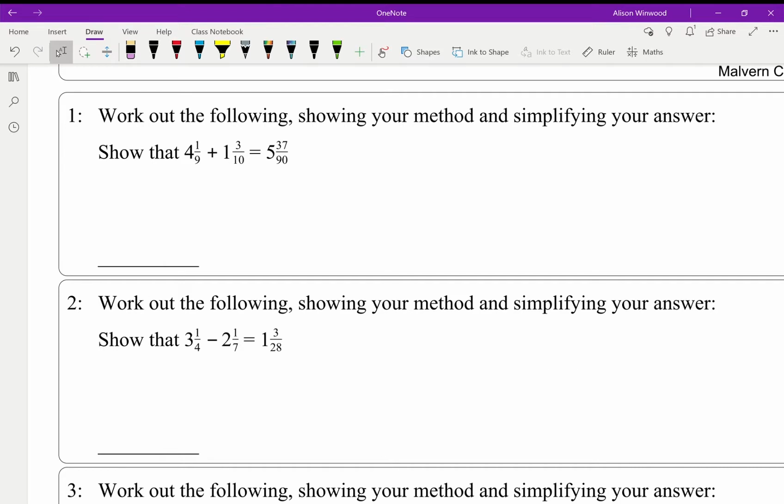So any fractions questions start by converting them into top heavy. So 4 1/9 is 37 over 9. 1 3/10 is 13 over 10. And then by the rules of adding fractions, cross multiply to get the numerators.